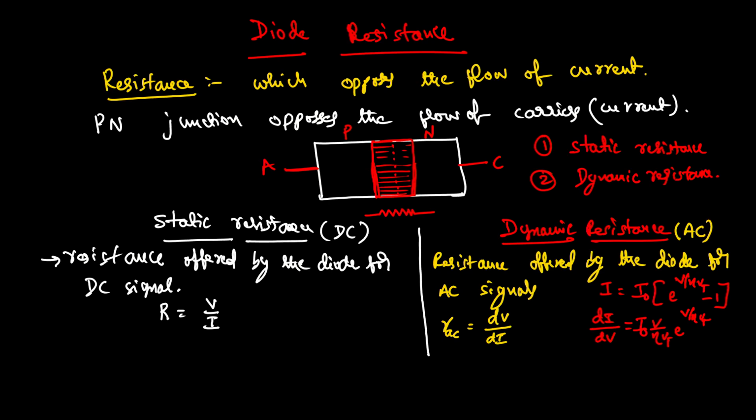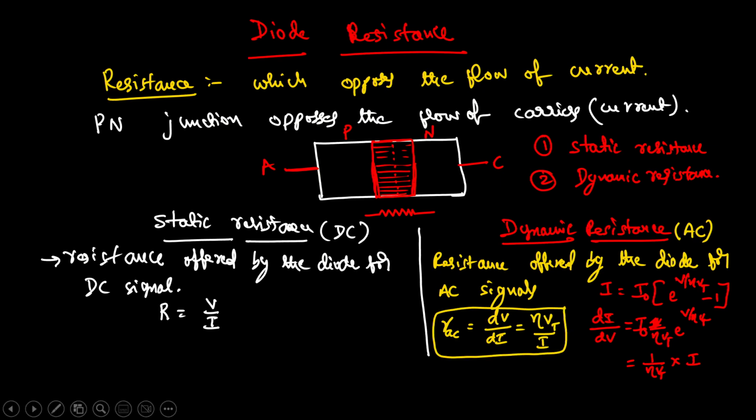I naught into e power V by eta Vt is approximately equal to the diode current. So the complete equation, with respect to the voltage, becomes 1 by eta Vt into diode current I. Now from this equation I can directly write the dynamic resistance dV by dI, which becomes eta Vt by I. This is the standard equation of the dynamic resistance, r_AC.